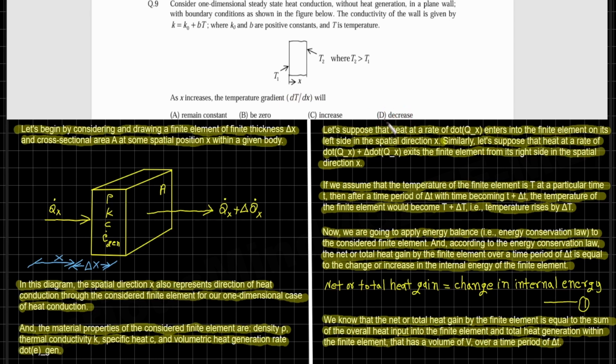So the correct option is option D, because we know that as x increases, temperature increases, and from our expression on page number 3, as temperature increases, the temperature gradient decreases. So option D is correct: the temperature gradient decreases as x increases.